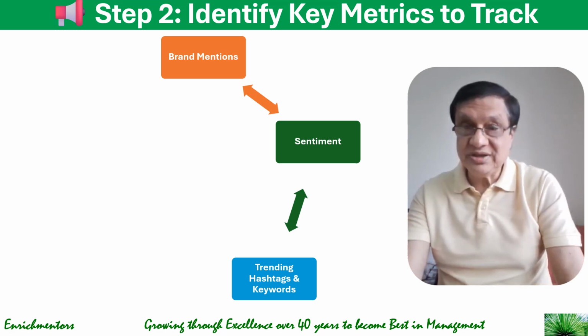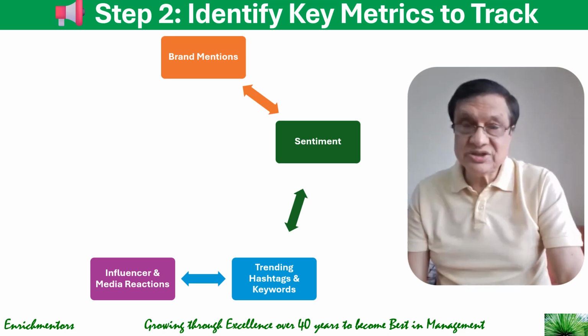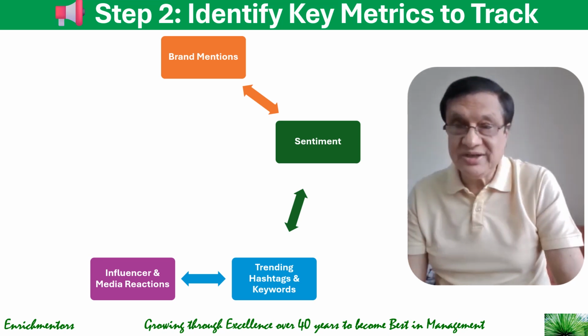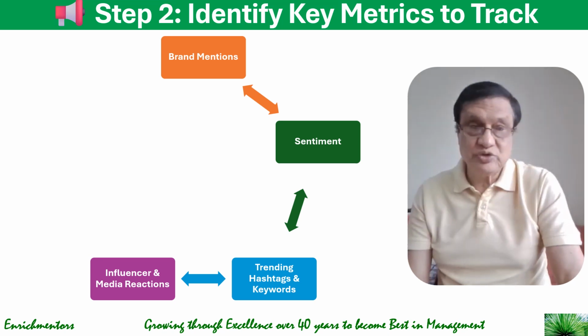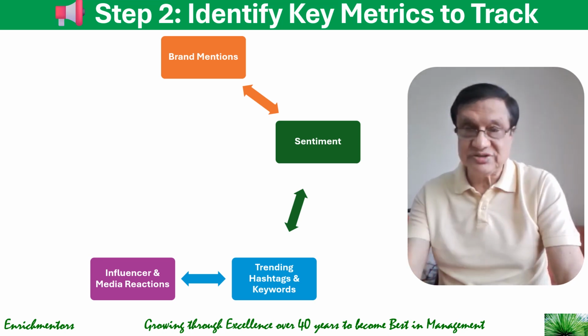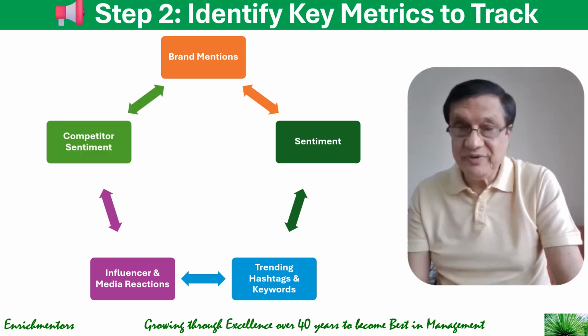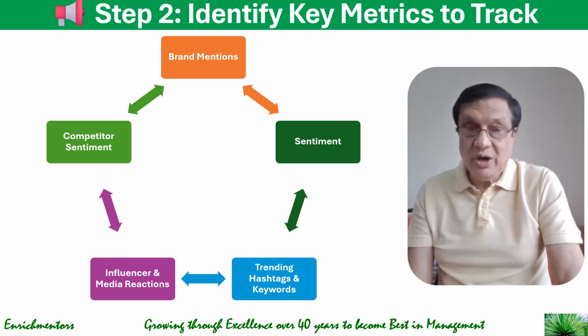Fourth is influencer and media reactions, in which you get an answer to the question of what the journalists and influencers are saying. The fifth metric to track is competitor sentiment, in which you can find out how the public perception of your brand compares to competitors.